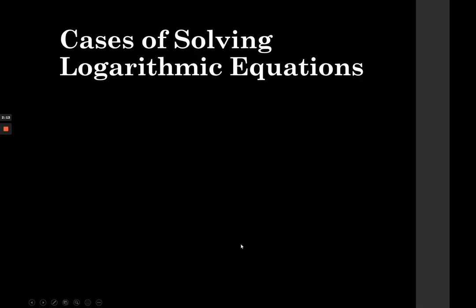Now, consider that there are actually 4 cases of solving logarithmic equations, which are the simplest forms. There can be complicated cases of logarithmic equations. Let's consider 4 cases of simple logarithmic equations. This is the first case wherein the unknown is your exponent.